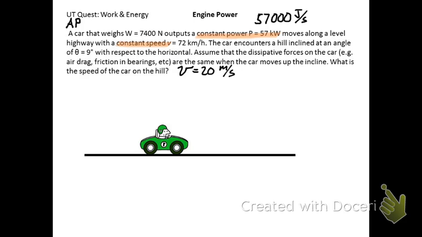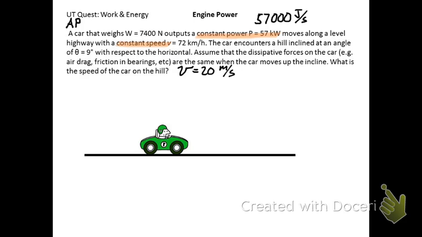Some of that kinetic energy has to be traded off for potential energy. As I start climbing up the hill, I'm gaining potential energy. That means I have to lose kinetic energy because I don't have any more power available. So all that power is not only going into kinetic energy, it's also going into potential energy.